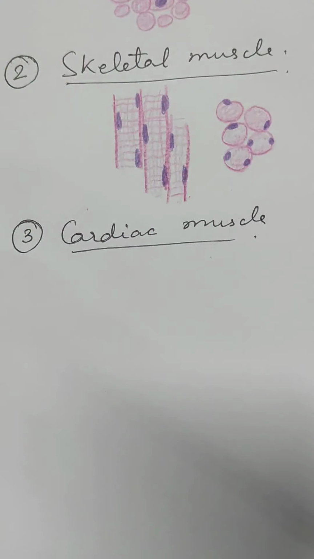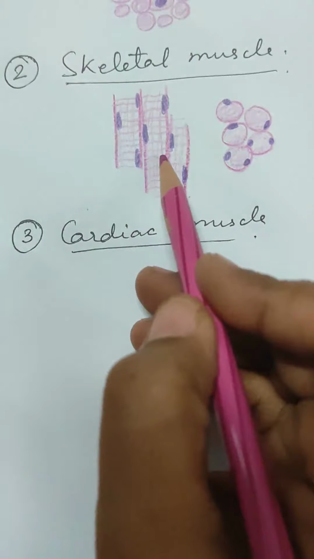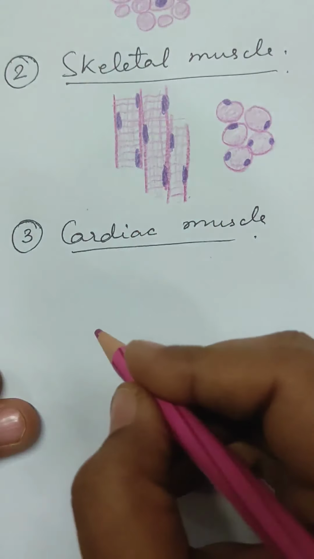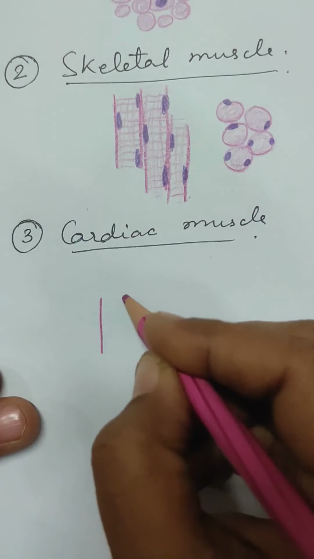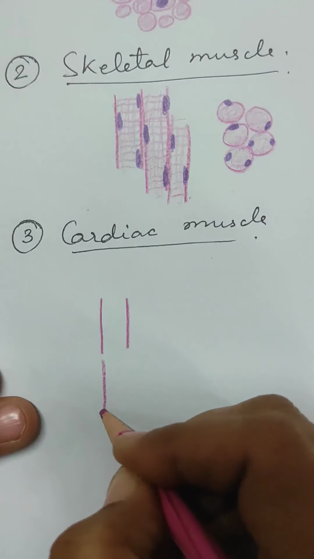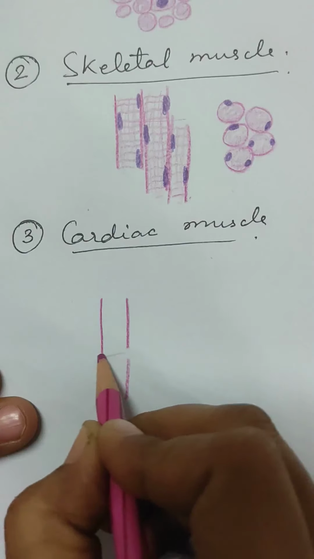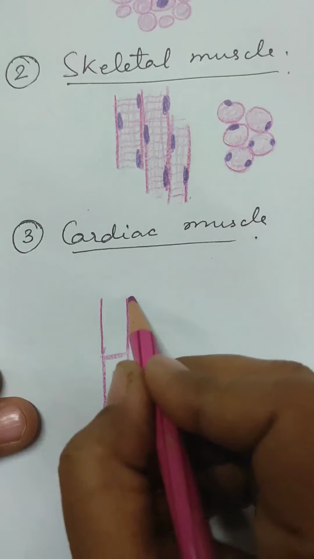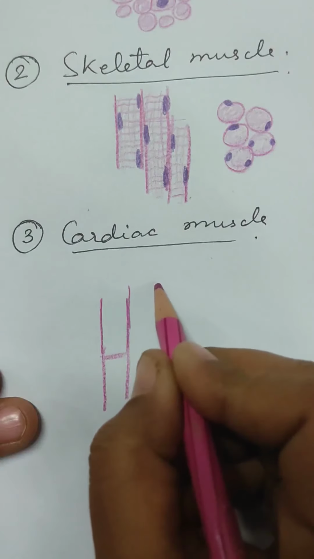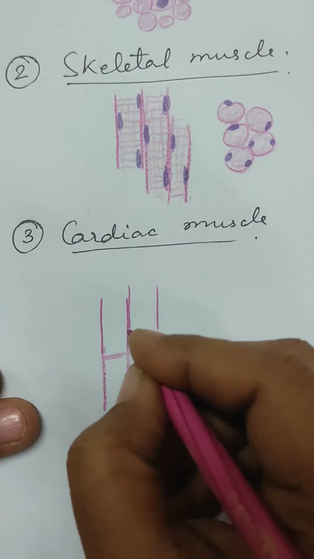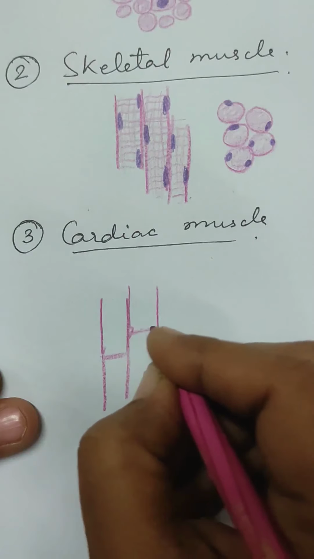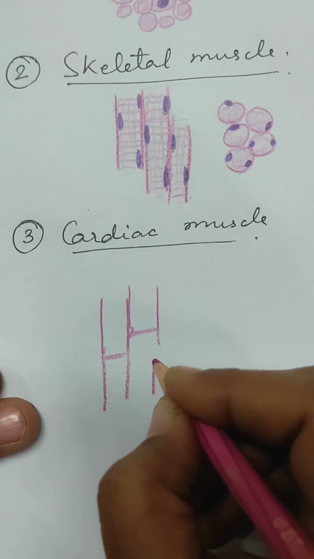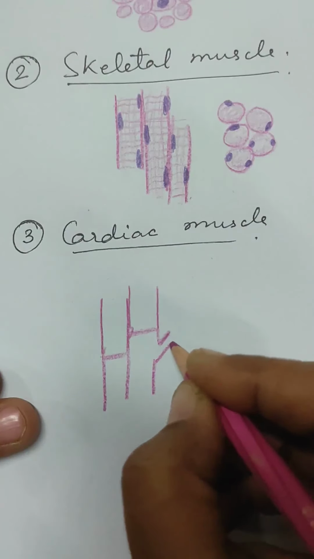Now, cardiac muscle also has cylindrical cells, but the cells are sitting one on top of the other, and they have an intercalated disc in between. And the cells also branch out.